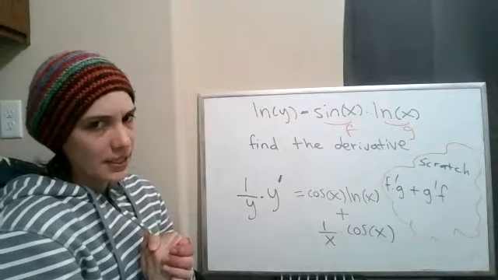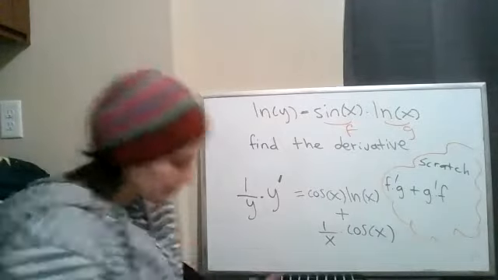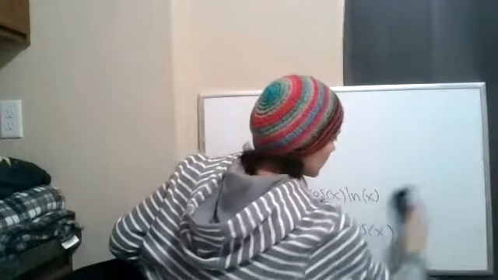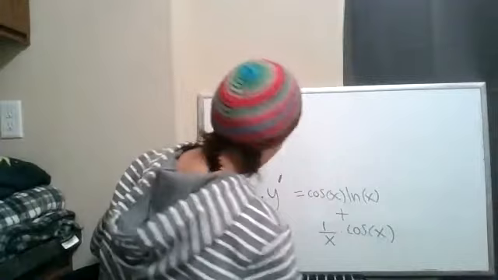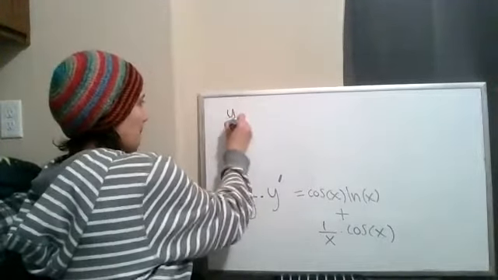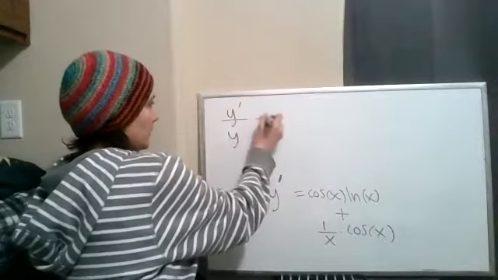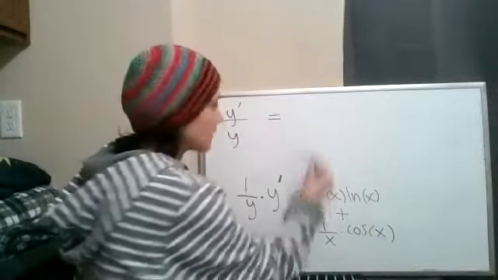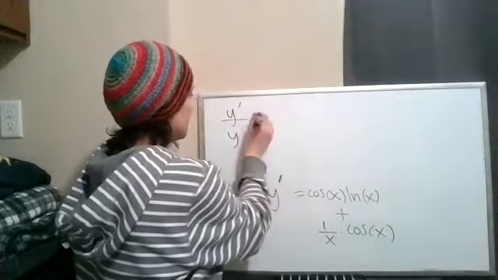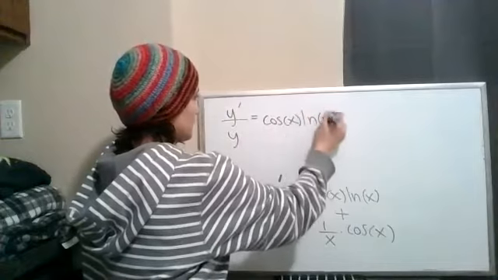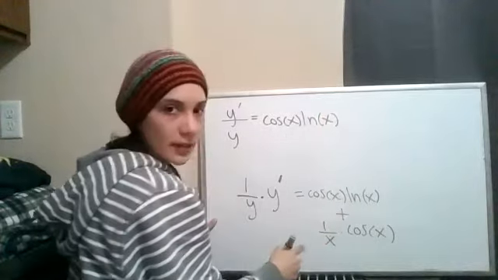Okay, it looks a little messy, but we'll just rewrite this. We have y prime over y equal to cosine x ln x add cosine of x over x.